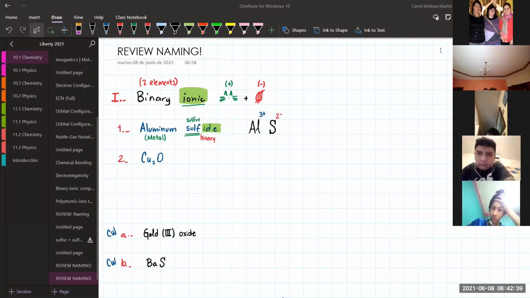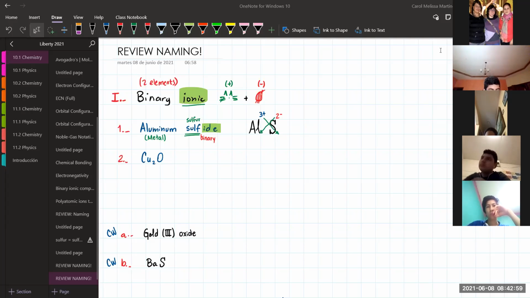Now what we do after is crisscross the charges that are different than 1. So this 3 from aluminum comes to sulfur, and the 2 from sulfur comes to aluminum.